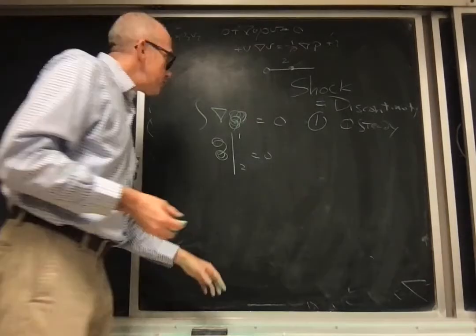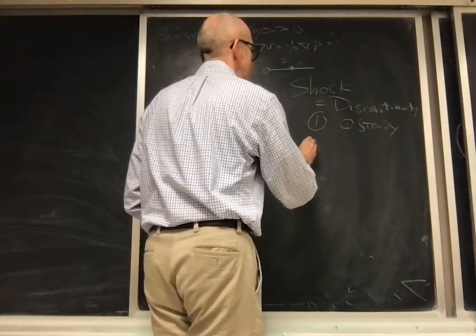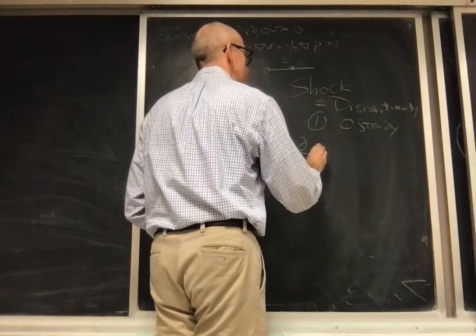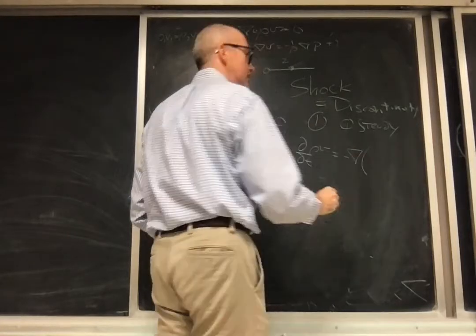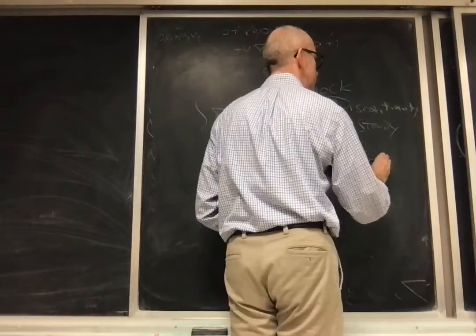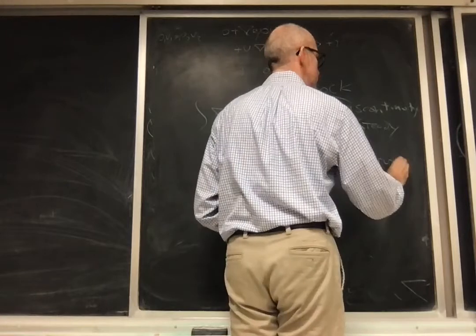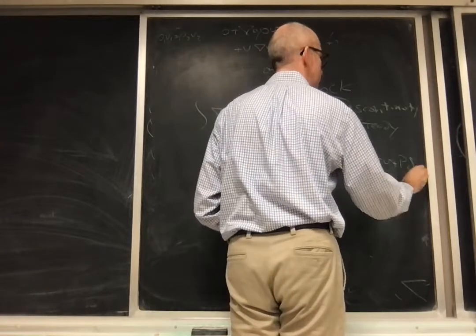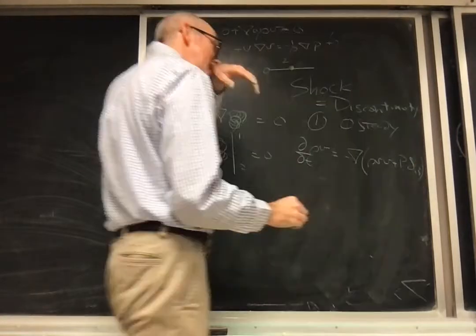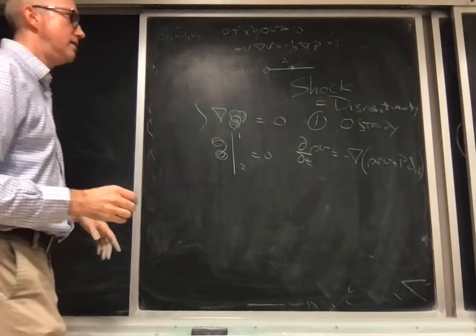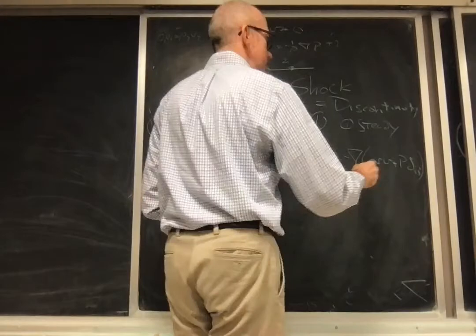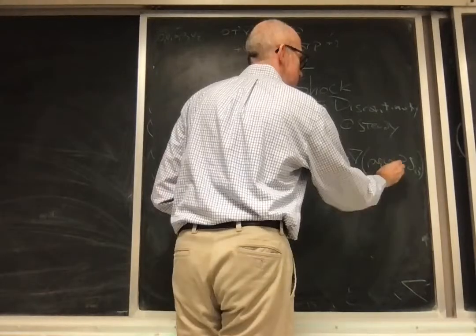So if you do this for momentum, you get d by dt of rho v equals minus grad of rho v v plus p delta ij. That delta ij is important because this is a tensor.